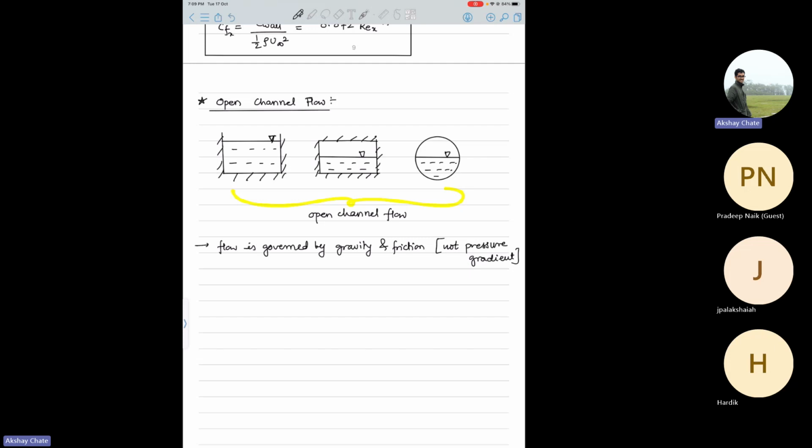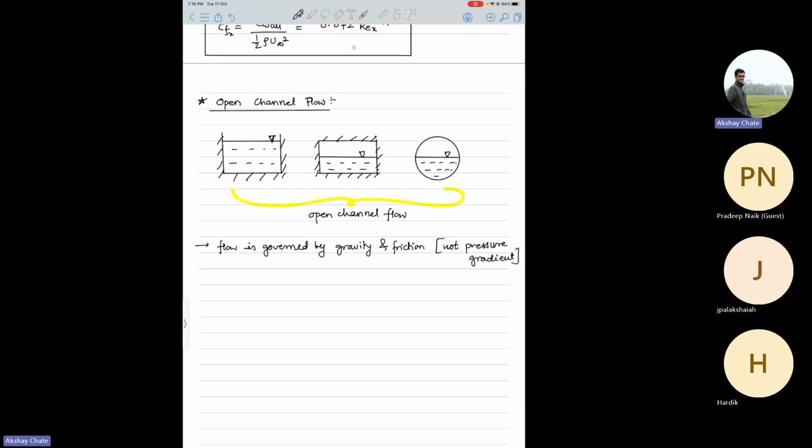That is the assumption. If you want to study more, I would advise you to refer to the chapter on open channel flow in the Frank M. White book. Whatever I'm trying to tell you here is from that book only.